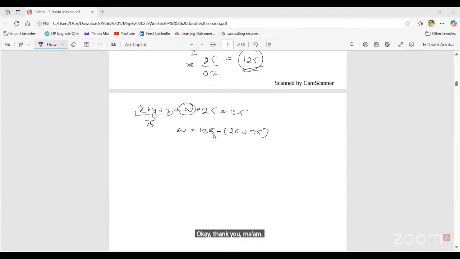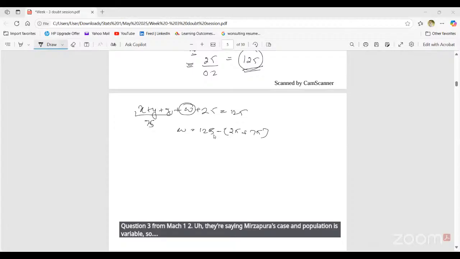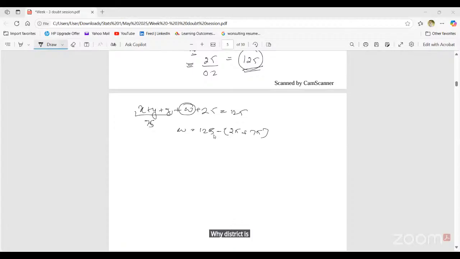Question 3 from week mock 1 2. They're saying Mirzapur is a case and population is a variable. So why is "district is a case" a wrong option? District is a variable. Case is basically the observation for whom we collect the data.